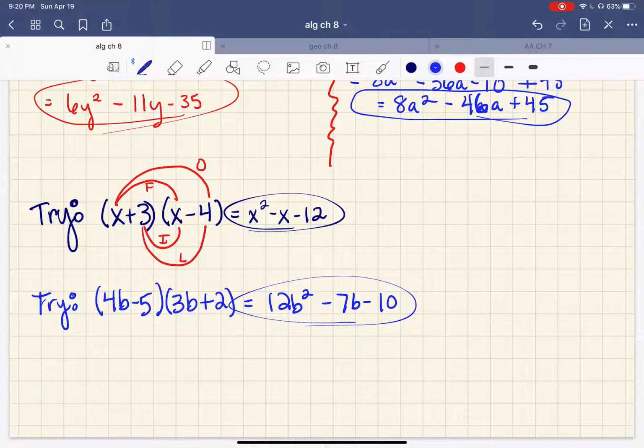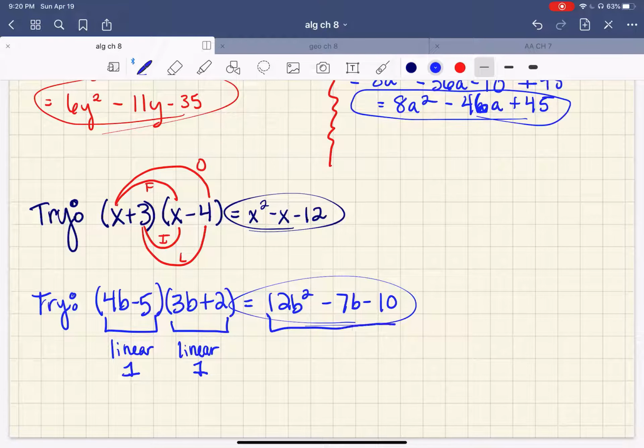Okay, well, I am actually going to leave it right there, but I want to point out one more thing. This is a linear expression because it's degree 1. The polynomial is degree 1.